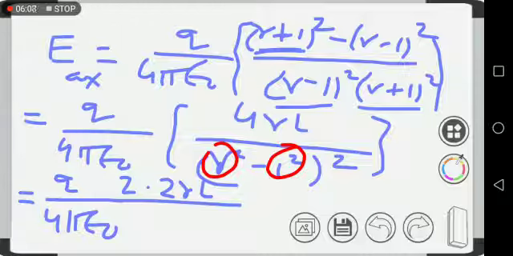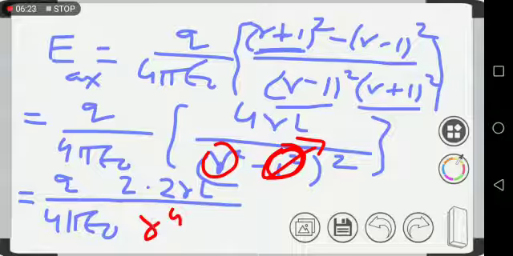Because r is very much greater than l, we can neglect l square here, and if we neglect l square it becomes 0, and the lower term becomes r to the power 4. We cancel out r and r to the power 4 and remaining is r cube.